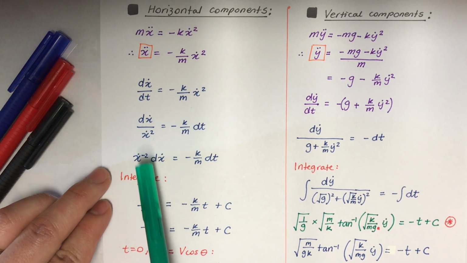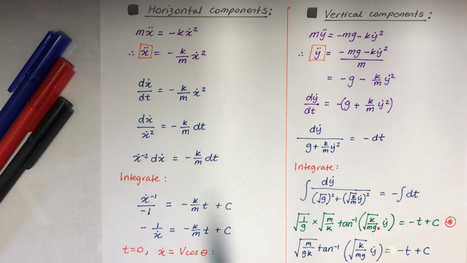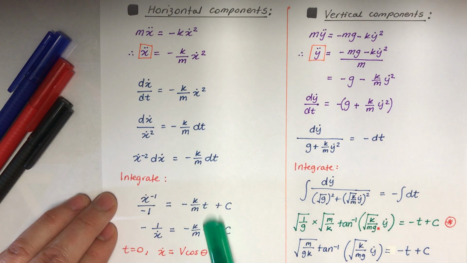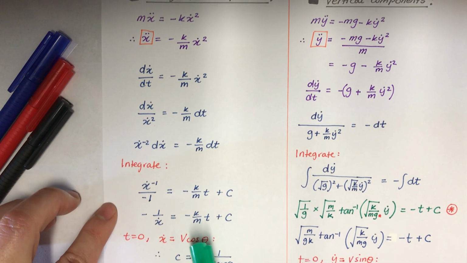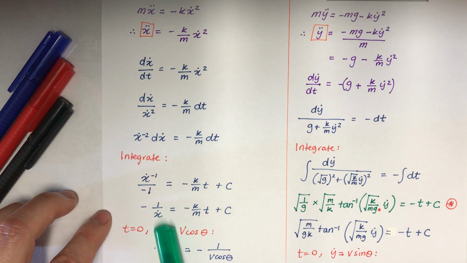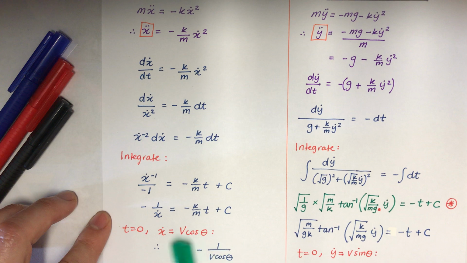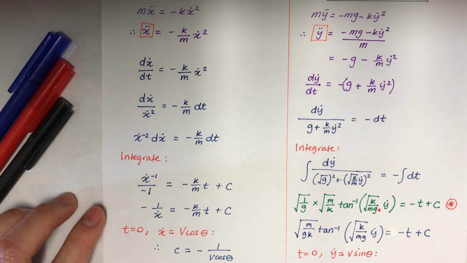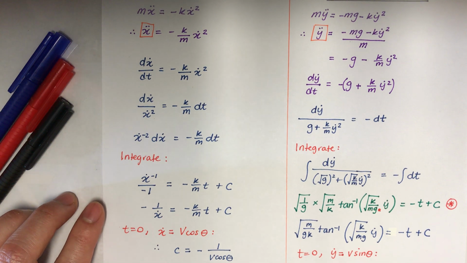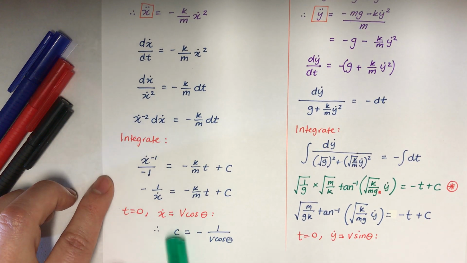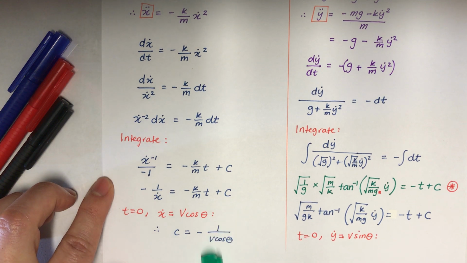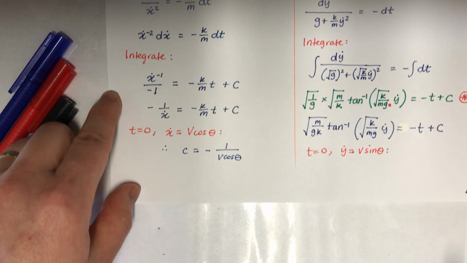So it's normal integration, really. Then we'll put the t there and the constant, and that will be minus 1 over x dot. Again, the initial condition is exactly what we talked about in the linear drag model, and then we'll get c equals minus 1 over v cos theta.